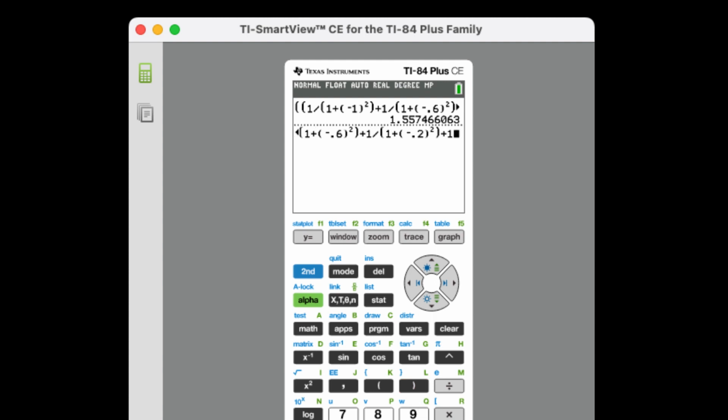plus 1 divided by parentheses. Now this is going to be positive. 1 plus 0.2 squared. Don't need a parentheses for that one. Plus, because it's a positive number. 1 divided by parentheses. 1 plus 0.6 squared.